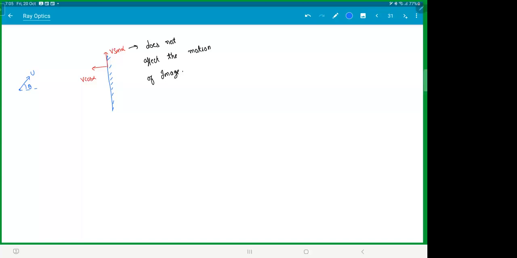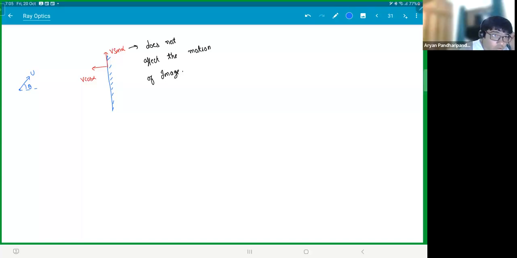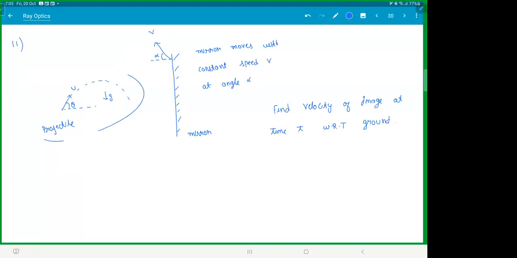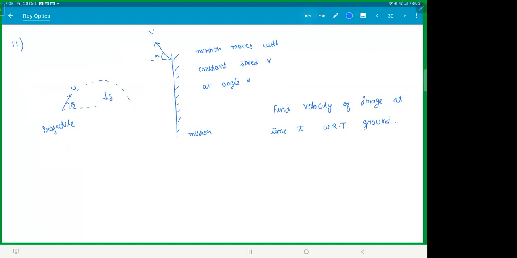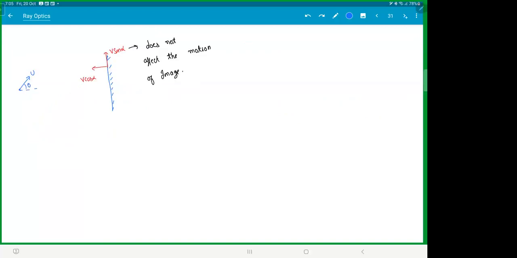So how's the object moving? Projectile. Okay, gravity is given, so projectile. The mirror is going in a line, but the object is just falling down. To find as a function of time t.